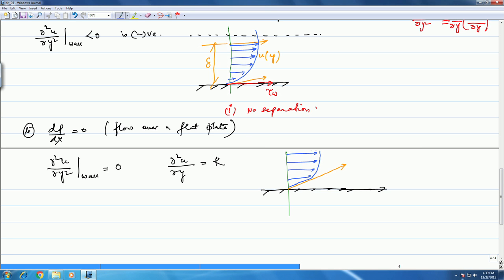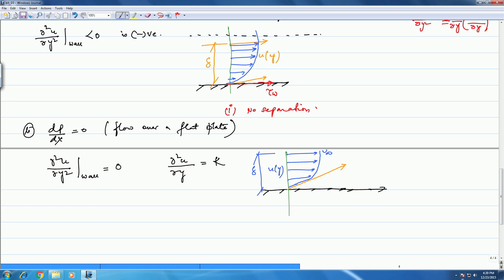That's what it means. And of course, here it is u infinity. So this is linear growth. That is u infinity, this is u versus y, and this is of course delta.